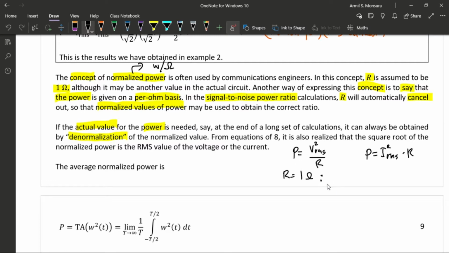So the normalized average power here is simply the square of the RMS voltage, or the square of the RMS current.